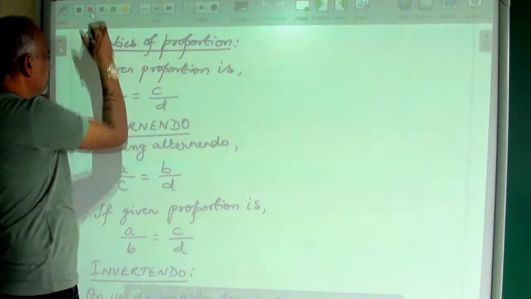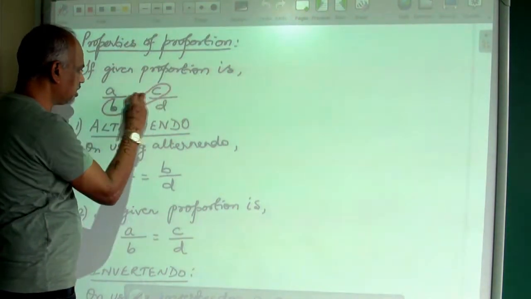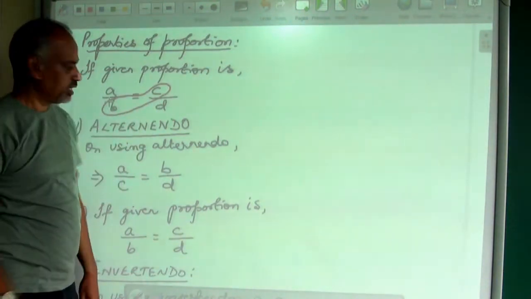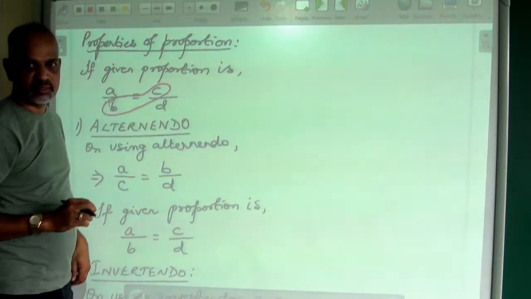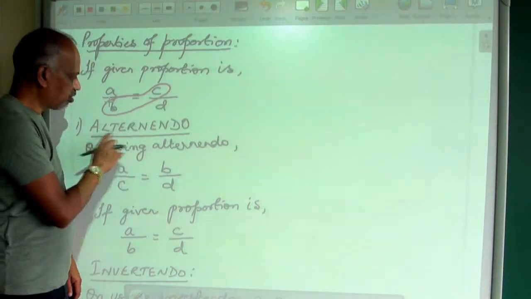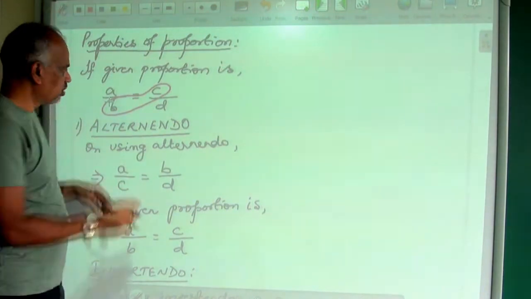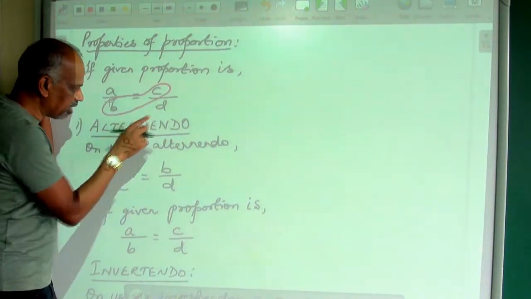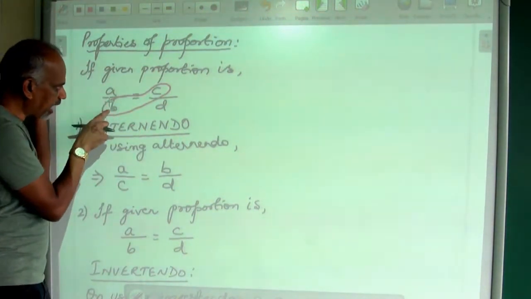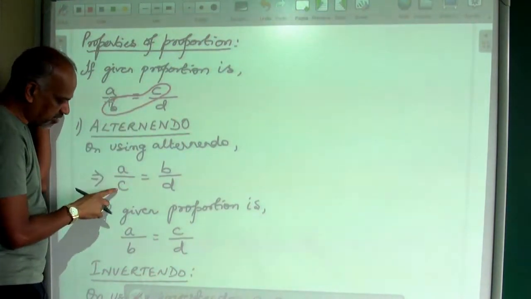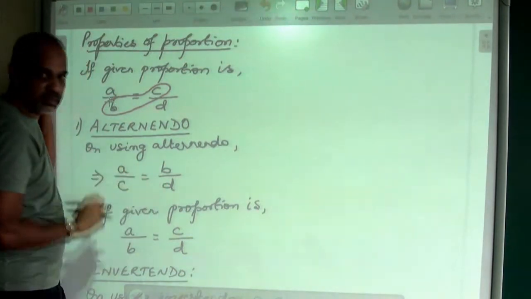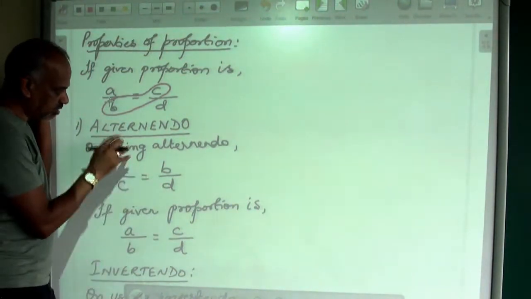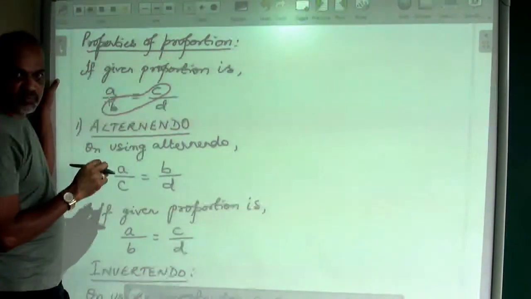That is, this and this will interchange place. B will take the place of C, C will take the place of B. This change is called alternando. So A by B is equal to C by D becomes A by C is equal to B by D. Such a change is called alternando.